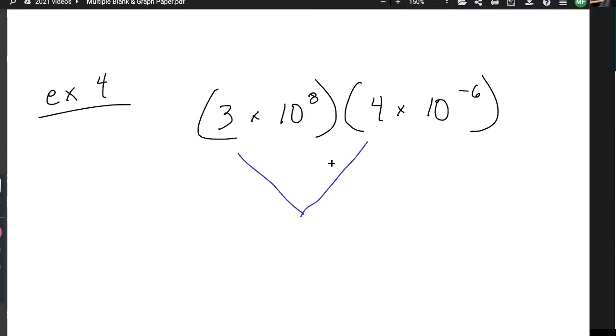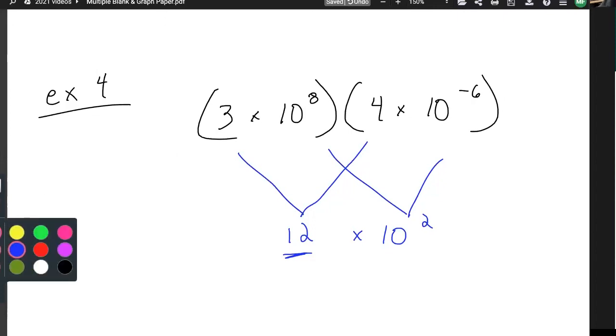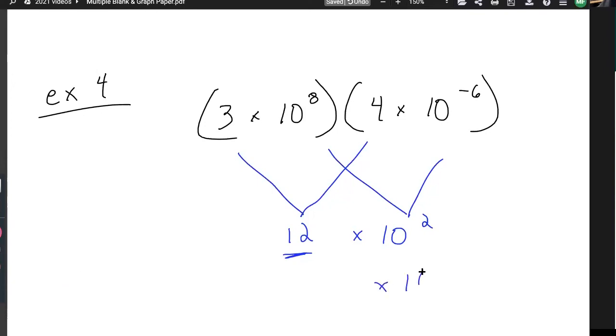Yeah, so this would be 12, right? And this would be 10 to the second, right? But the problem with this is this needs to be fixed. So what do we do? How do you say 12 in scientific notation?